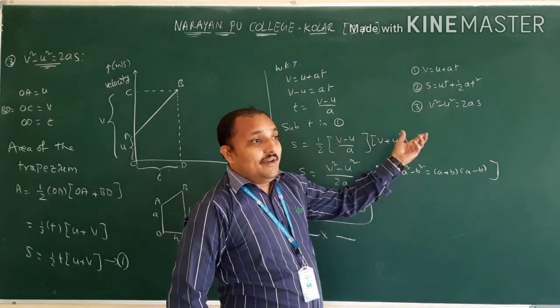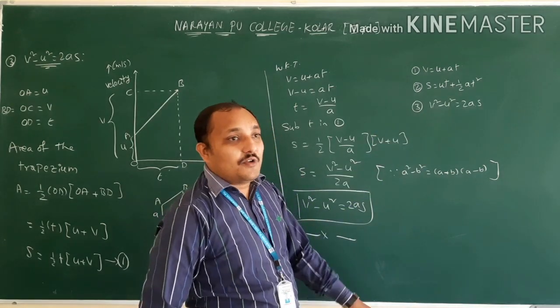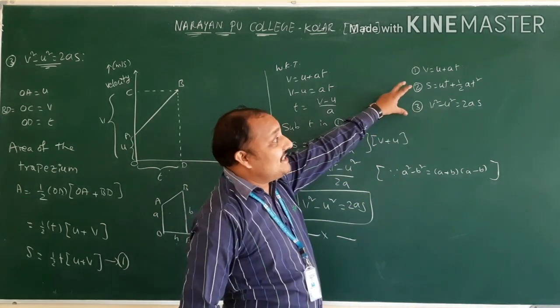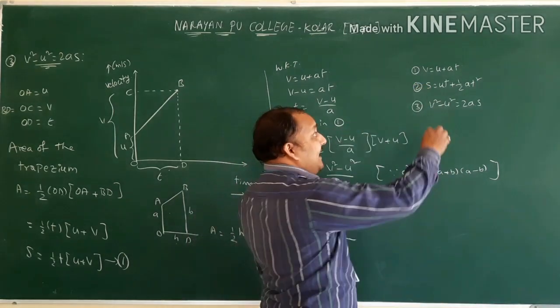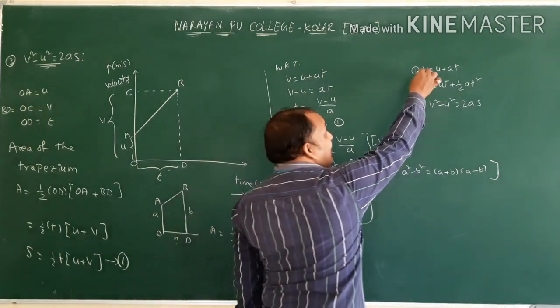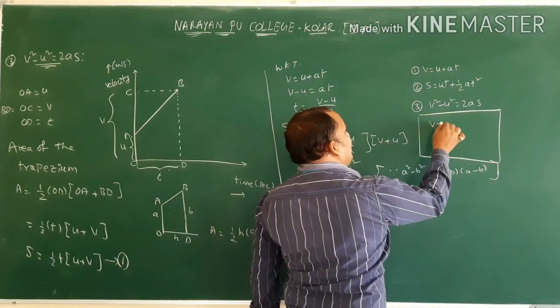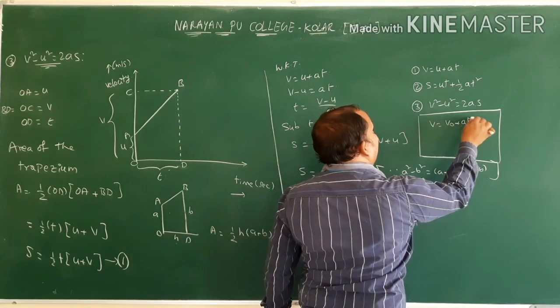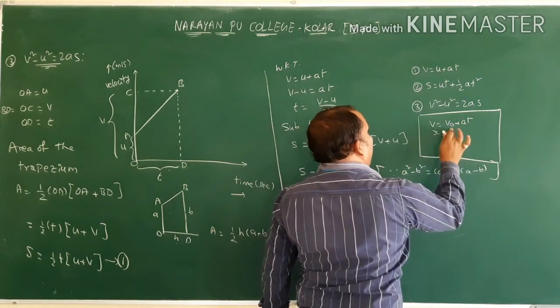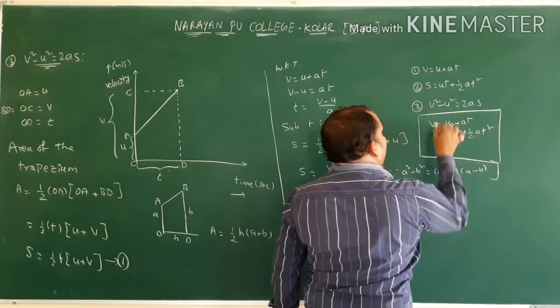Now I am going to give a small homework for you. Solve these 3 equations by taking U as V0. In your textbook they will give these 3 equations like this, which is also correct. V is equal to V0 plus AT. X is equal to V0 T plus half AT square.